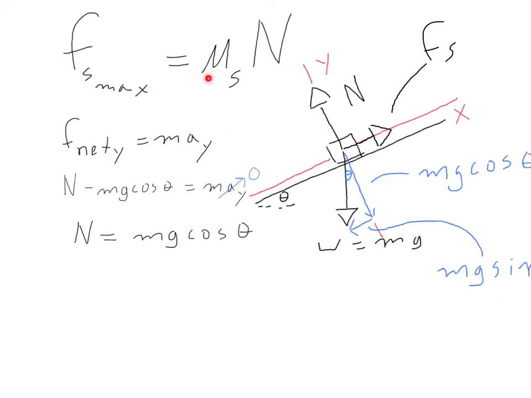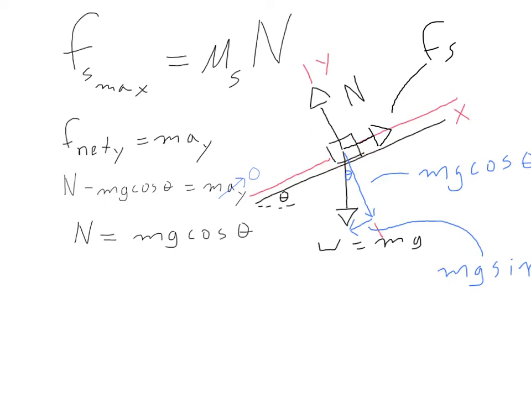And the reason why we have to know this number is, what if we calculate that mg sine theta is larger than the number we get here? What that means is the static friction force is not strong enough to keep this thing from sliding.